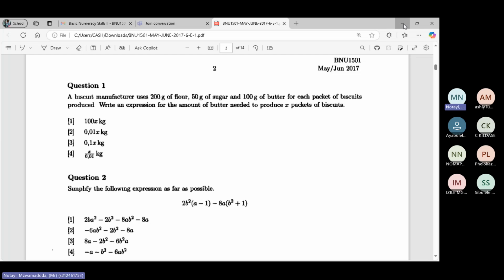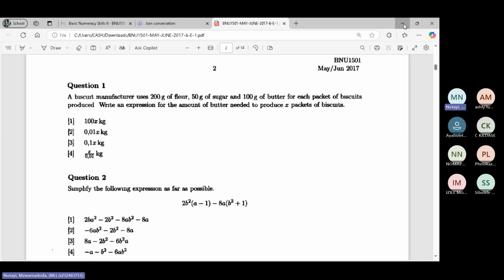Okay, yes, that is brilliant. So the amount of flour will be 0.2X kgs, and the amount of sugar needed will be 0.05X kg. So we had 200 grams. Convert that 200 grams into kgs by dividing by 1,000 to get 0.2.